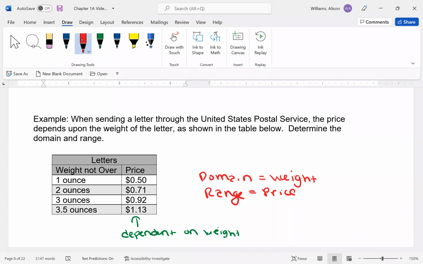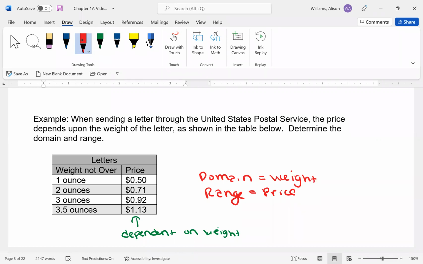I actually want to talk about what values the domain and range would be. When we're looking at the weight, in this table the weight's from 1 ounce, 2 ounce, 3 ounce, and 3.5 ounces, but that's not always what the weight is going to be. The weight of a letter isn't always going to be exactly 1 ounce. It could be over an ounce, like 1.5 ounces, and then you'd go into the next category.